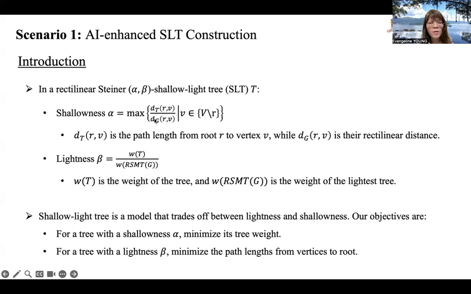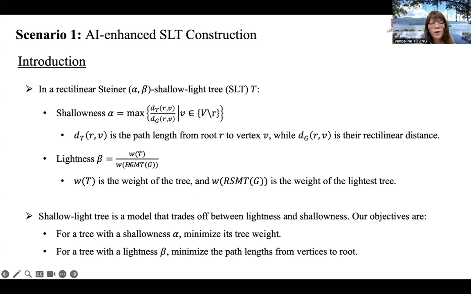So this is a ratio bigger than 1, and we take the maximum. This is the alpha. And then the other one is the beta, which measures the lightness of the tree. So this is the total weight of the tree divided by the weight of the RSMT. Again, this is bigger than 1, and it shows how far it is from the optimal solution.